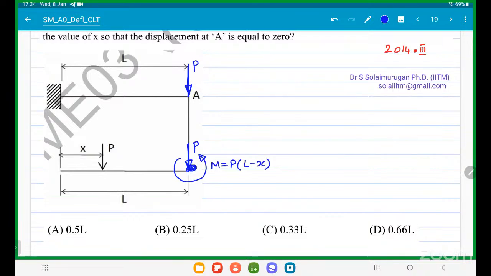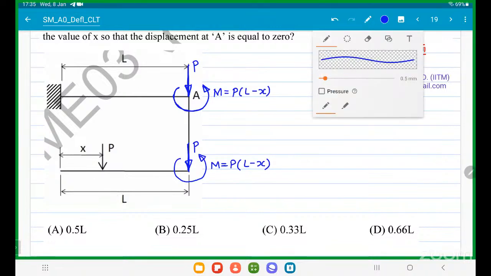No change in the side effect. Okay. So same couple will be there, right? Counterclockwise couple. So M is equal to P into L minus X. Okay, right? Okay.